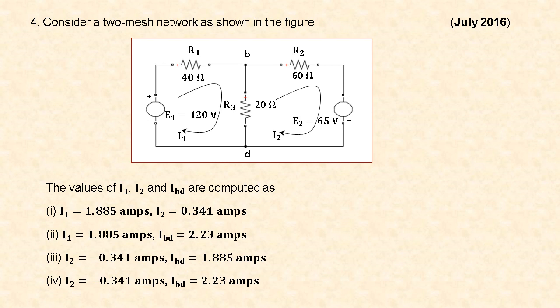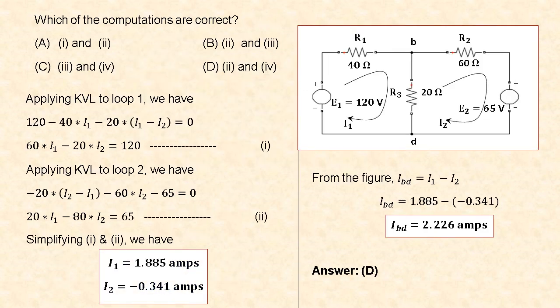Third one, I2 is equal to minus 0.341 amps, IBD is equal to 1.885 amps. Fourth one, I2 is equal to minus 0.341 amps, IBD is equal to 2.23 amps. The question is, which of these computations are correct? Option A 1 and 2, option B 2 and 3, option C 3 and 4, option D 2 and 4.